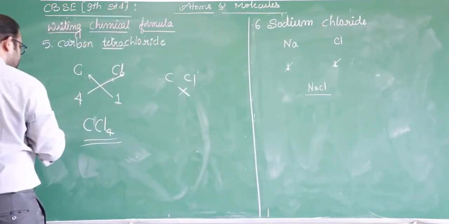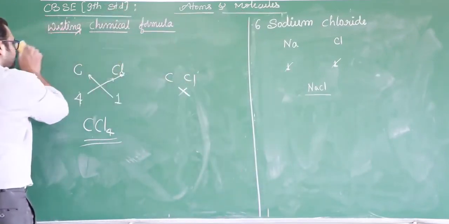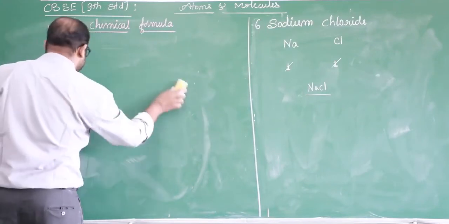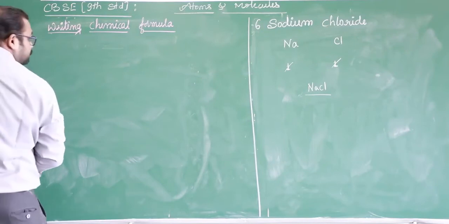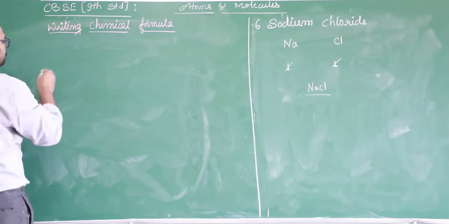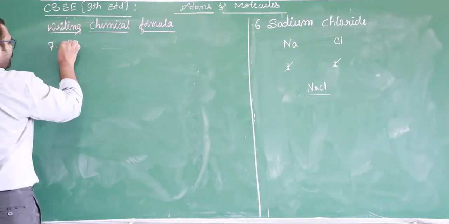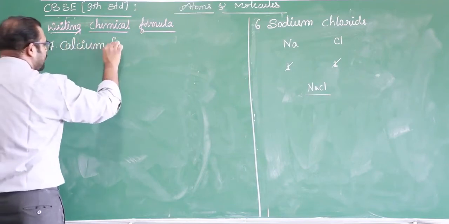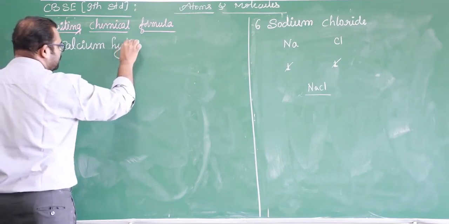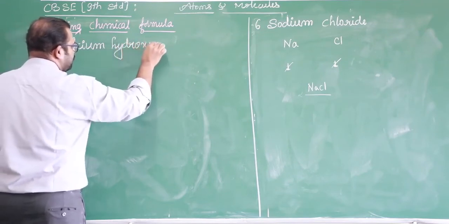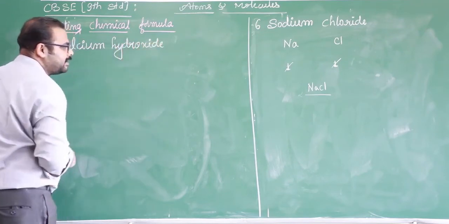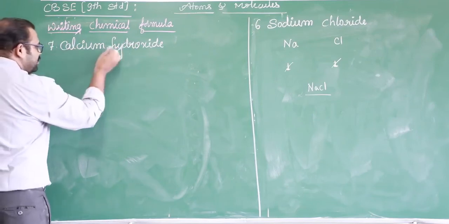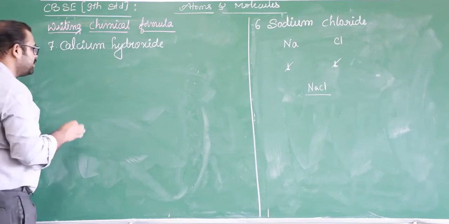So let's see some other examples. Calcium hydroxide. Now this is a somewhat different case. Look at here. One is an atom, another one is a polyatomic ion.